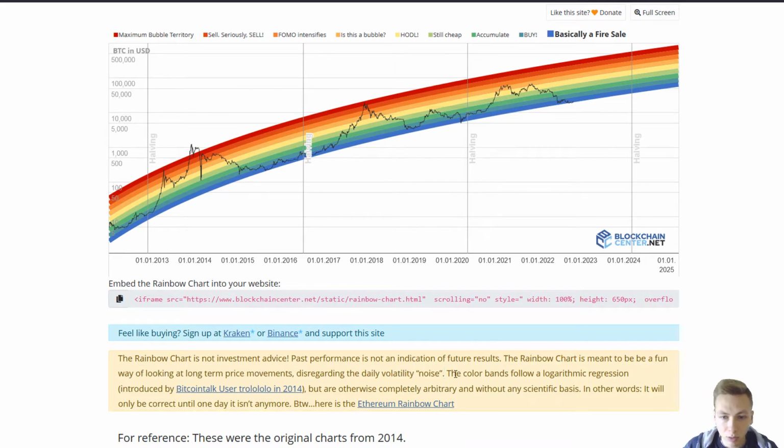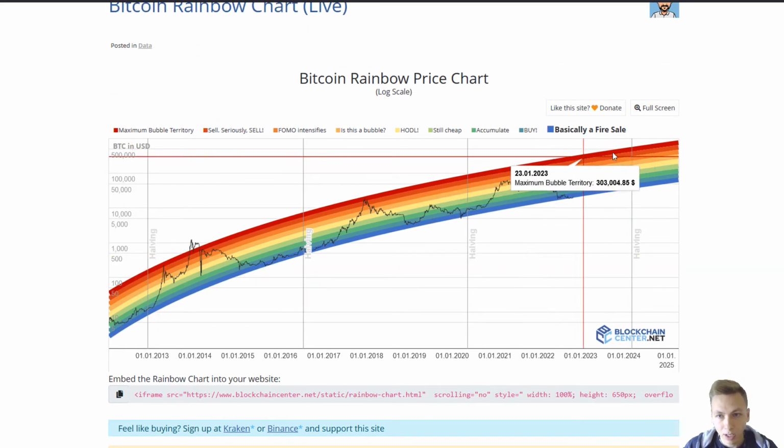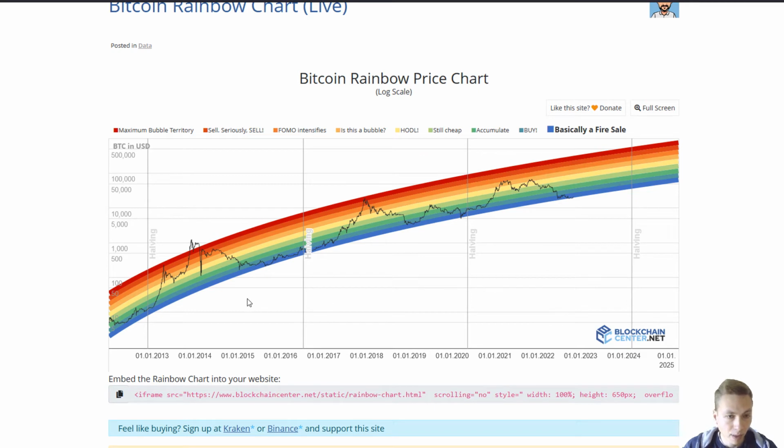As you can see, the color bands follow a logarithmic regression, but are otherwise completely arbitrary and without any scientific basis. This is a logarithmic chart of Bitcoin price movement, and we also have halvings shown on the chart.